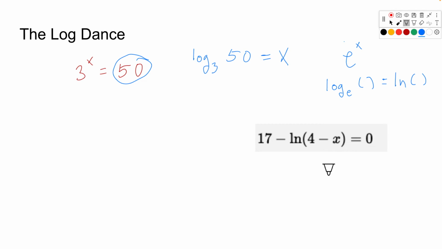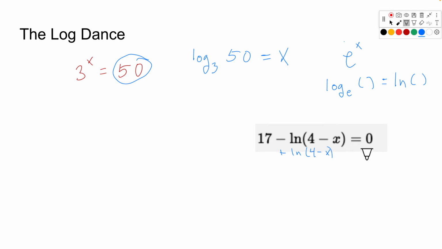So one of the first things we do is we want to solve an equation. Before we can do a log dance, we have to isolate either the exponential or the logarithm. Is the logarithm by itself? No. So let's get it by itself. Now we could subtract 17 from both sides, but I see that I've got a negative. So how about if I just add the logarithm to both sides?